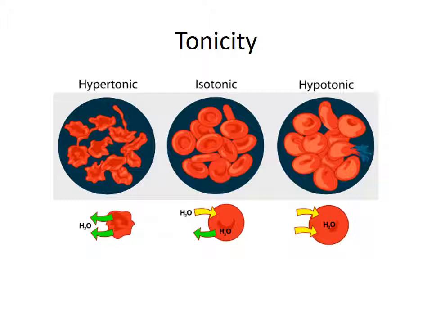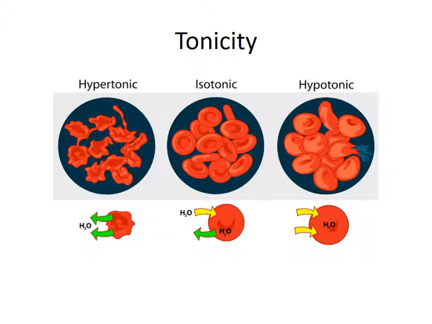In the right-hand side, what you see is the opposite situation where the red blood cells are now put in hypotonic solution, like maybe just distilled water. And here, now there's too much water outside the red blood cells, not enough inside. So water is going to go and try to make both sides of the membrane equal.